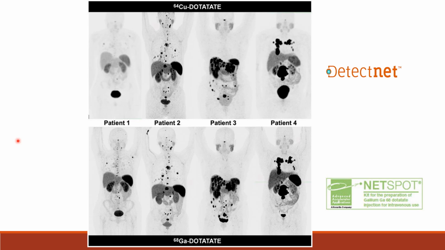If the doctor orders Detect Net and you do Net Spot, that's technically an error. You can get in a lot of trouble for not doing the test that was ordered. And your institution where you're working can get in huge trouble for that.